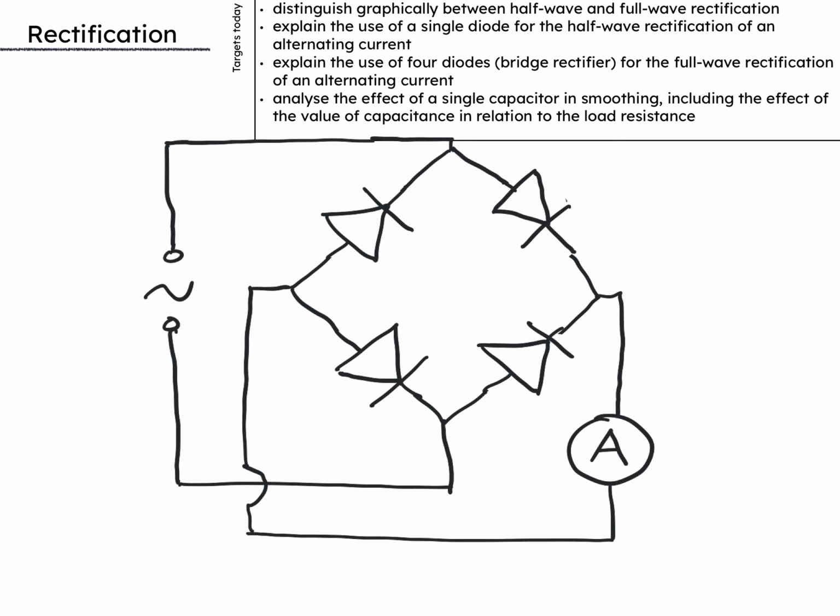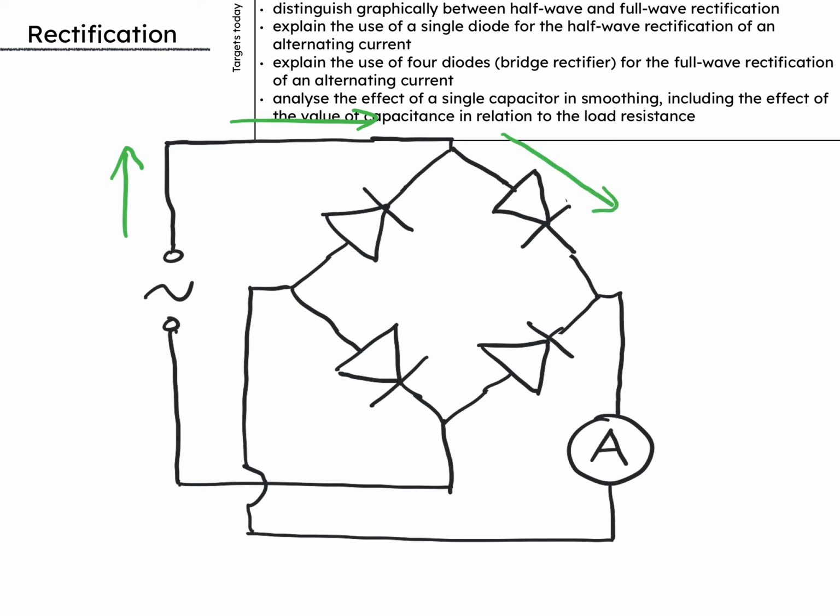But how does it work? Let's consider current flowing this way out of the power supply. It goes around here and reaches this junction. The left diode is blocking the current, so it goes to the right.